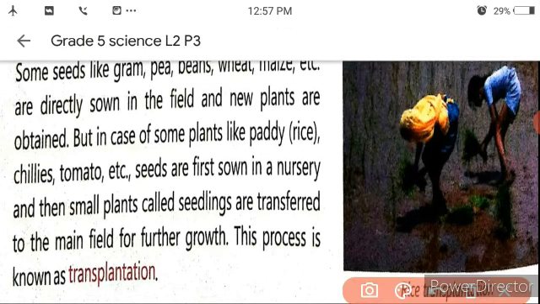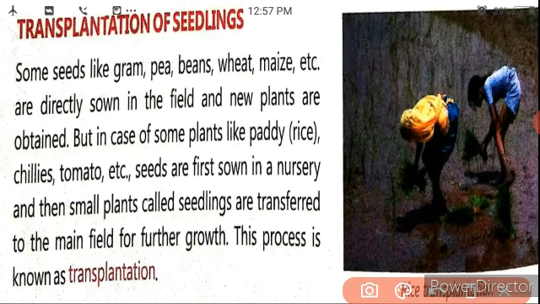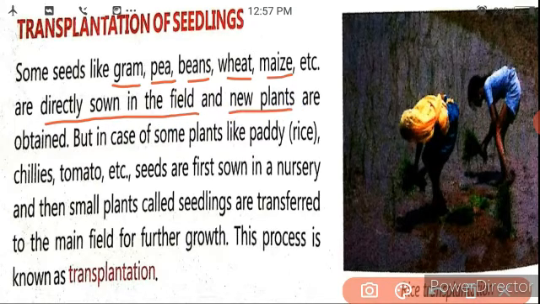Transplantation of seedlings. Some seeds like gram, pea, beans, wheat and maize are sown directly in the field, and you can see new plants growing from them after some days.